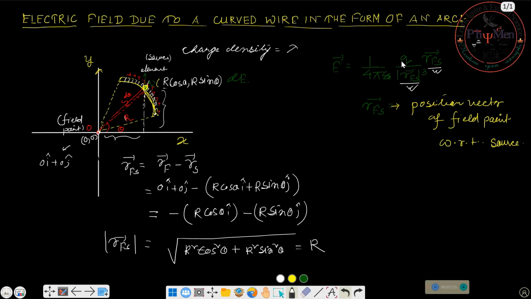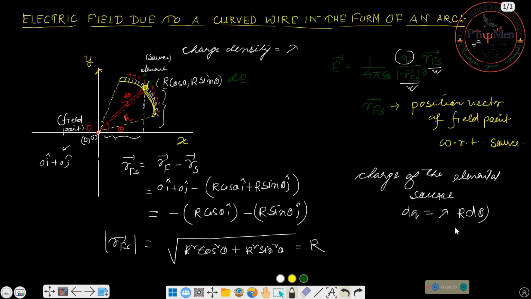Now we will put these values here. The charge of the elemental source is given by dq, which is equal to lambda into r d theta, right?